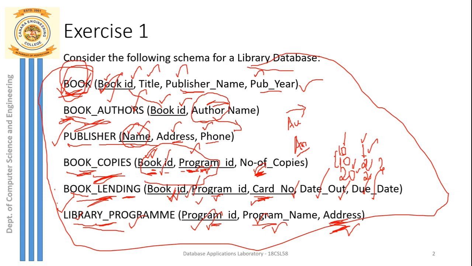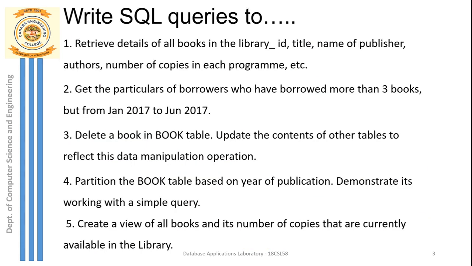We have several queries given in the question which have to be answered. You need to write SQL queries for each of these questions. The first question is: retrieve details of all books in the library, title, name of publisher, authors, and number of copies in each program.